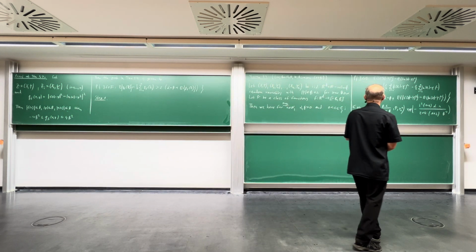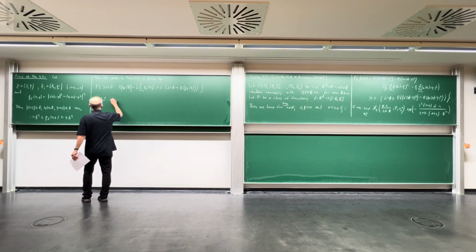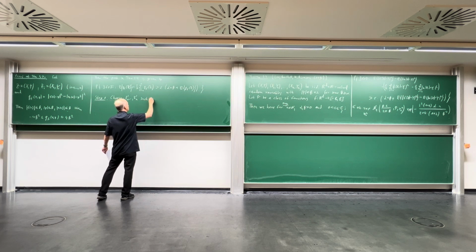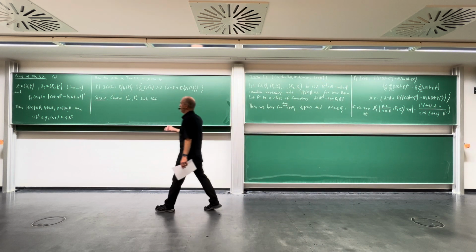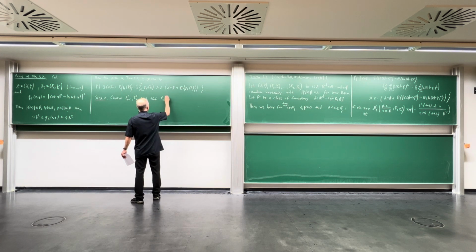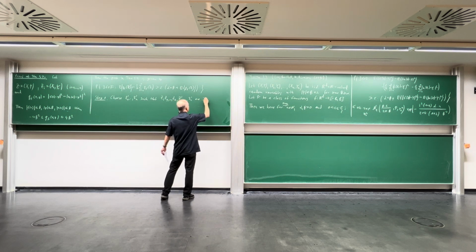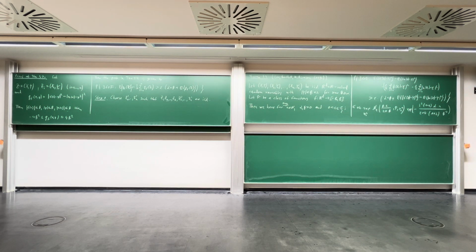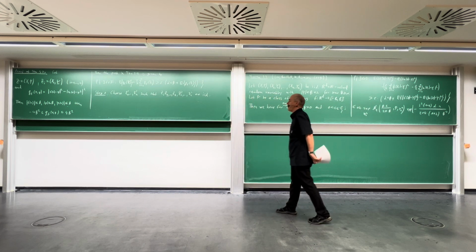So I choose Z_1 prime until Z_n prime such that Z, Z_1 to Z_n, Z_1 prime to Z_n prime are i.i.d. So I make an independent copy of my Z_1 to Z_n, which you can always do because this is an assertion about probability, and if I want to prove something about probability, I can change the probability space, and if I extend the probability space, I can also do it in such a way that for this probability space, there exist independent copies of my random variables.